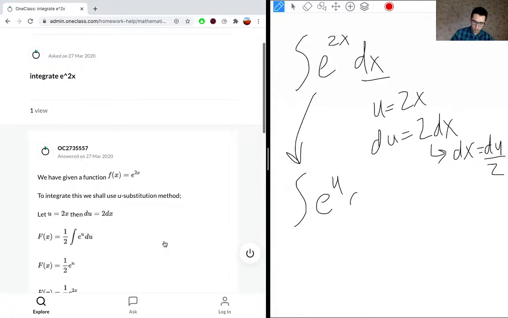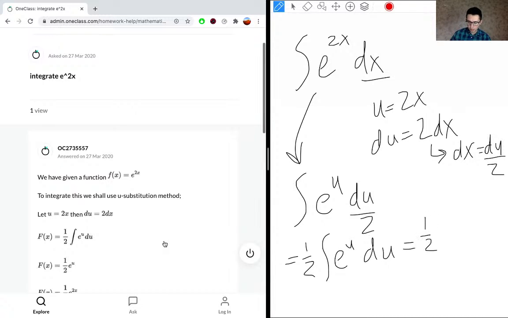So we can bring the half to the front, so we'd say a half integral of e to the u du. We know that the integral of e to the u is just e to the u, so 1/2 e to the u plus a constant. And we'll substitute in u equals 2x, and that will give us a half e to the power of 2x plus c.